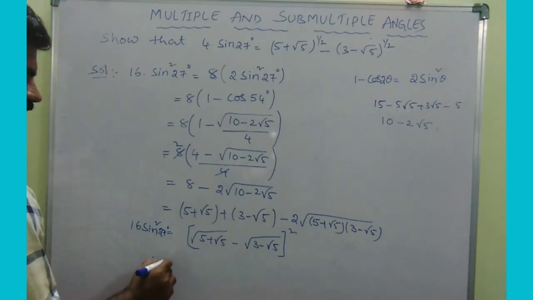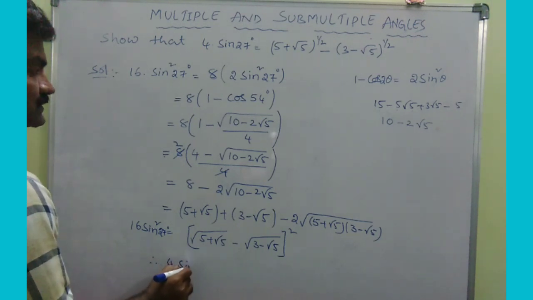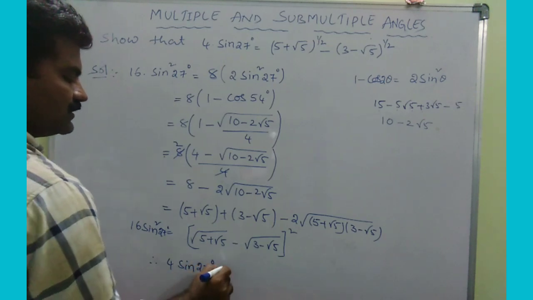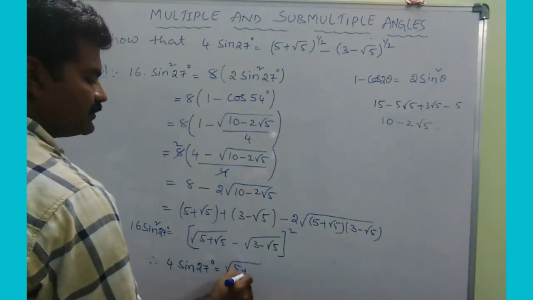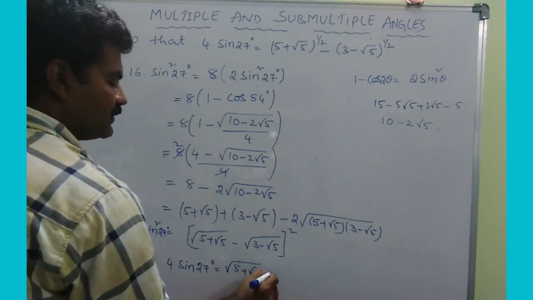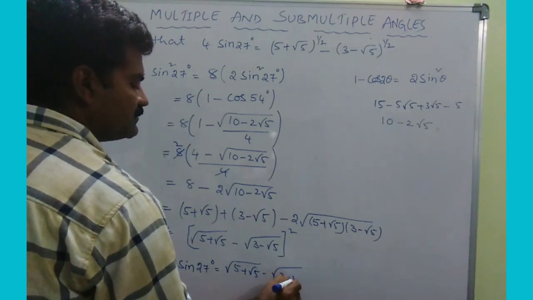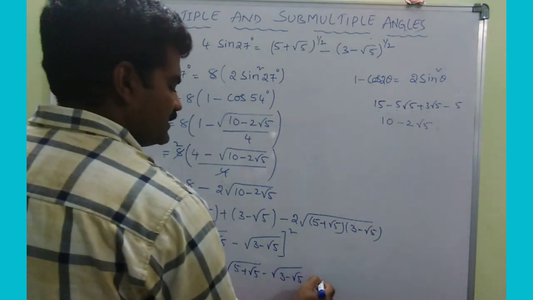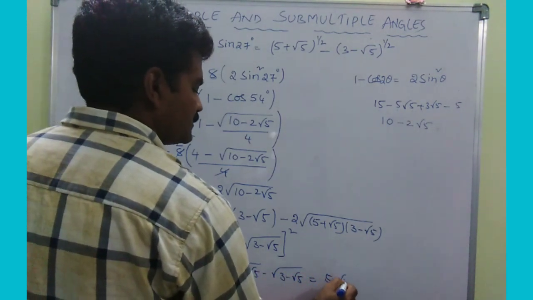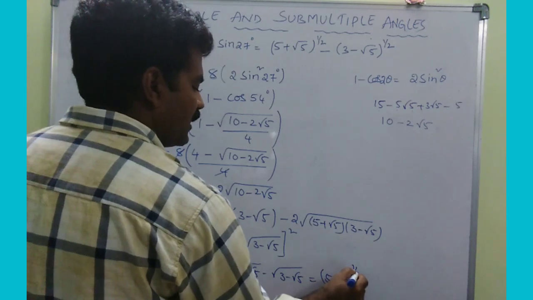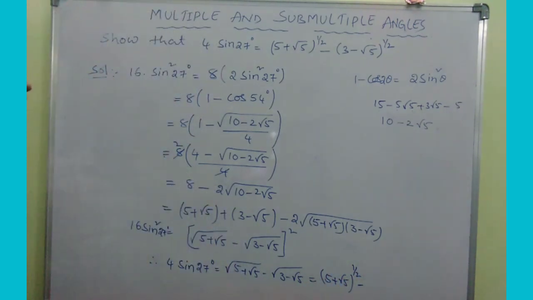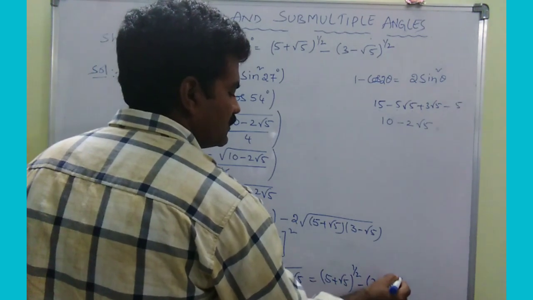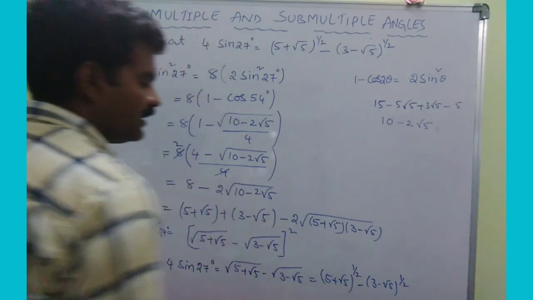Therefore, from this, can you write 4 sine 27 degrees is equals to root of 5 plus root 5 minus root of 3 minus root 5, isn't it? Of course, which can be written as (5 plus root 5) whole to the power of half minus (3 minus root 5) whole to the power of half.